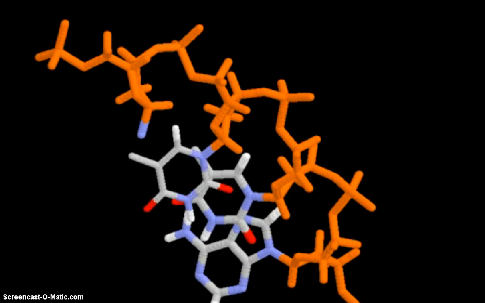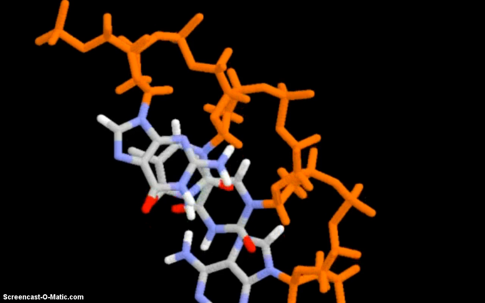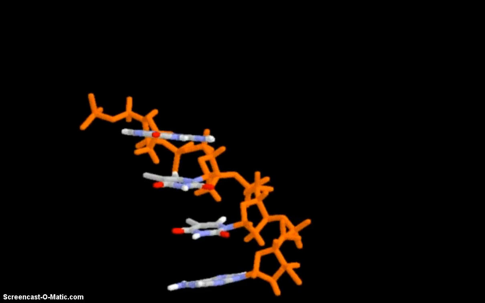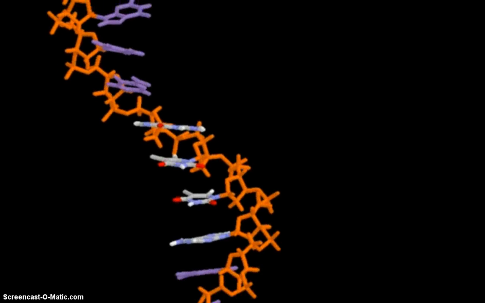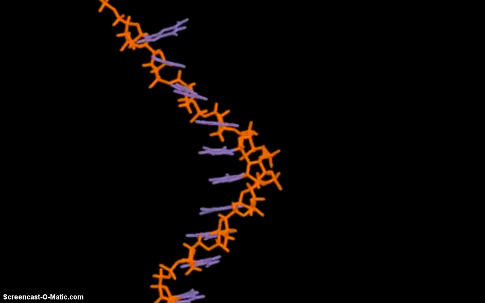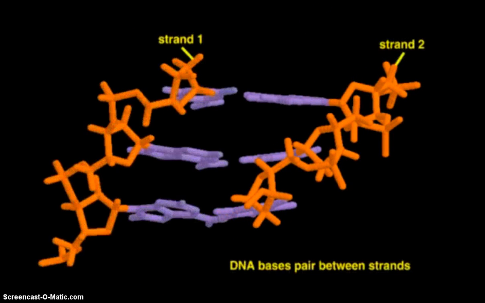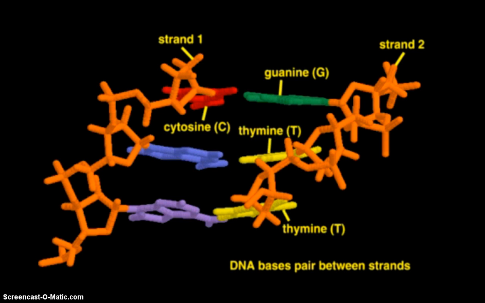Base stacking contributes significantly to the stability of the double helix. In a double helix, each base on one strand is paired to a base on the other strand that lies in the same plane. In these base pairing interactions, guanine always pairs with cytosine, and thymine with adenine.